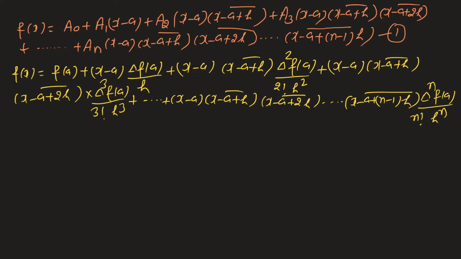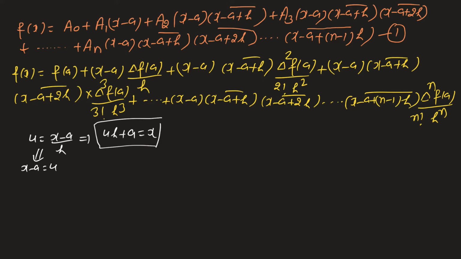Okay, now this formula can also be written in terms of u. We know that u is given as (x minus a) by h. This implies that uh plus a is equal to x. So here x will be replaced as a plus uh. Now x minus a, from here, will be uh, so x minus a is equal to uh.